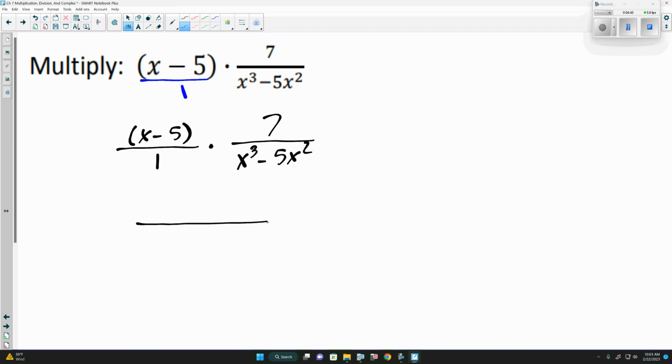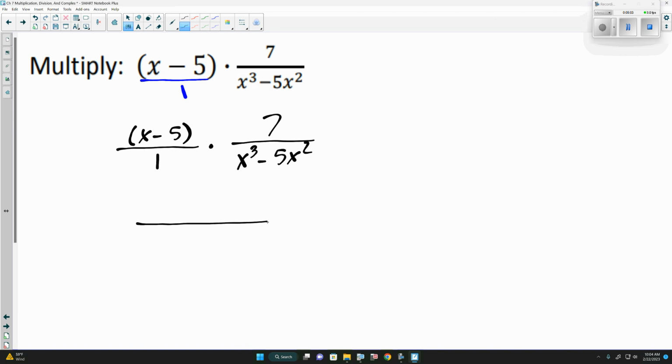So the top, we're multiplying the 7 and x minus 5. Do we need to distribute the 7? Because eventually we're going to need to simplify, yes? And to simplify with multiplication, division, addition, subtraction, we need it in factored form, yes? Is the 7 factored completely? Is the x minus 5 factored?